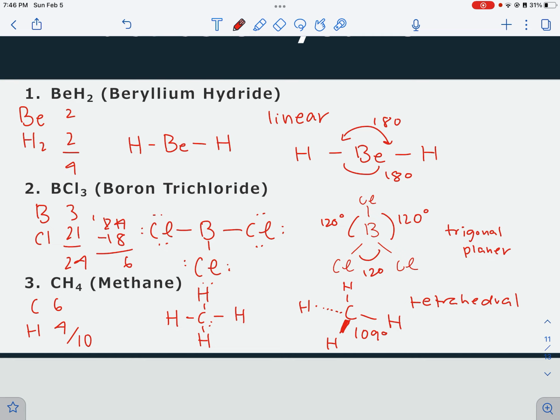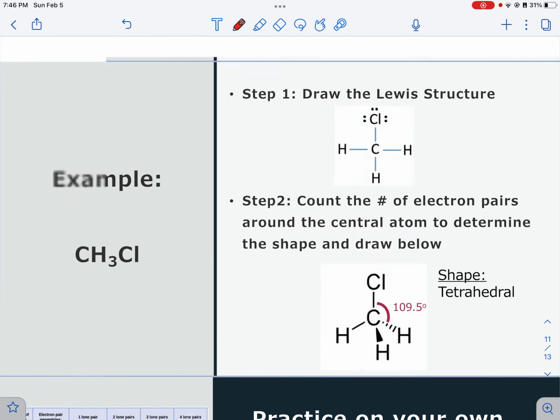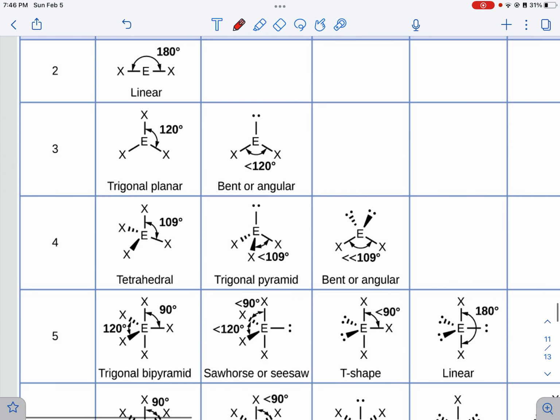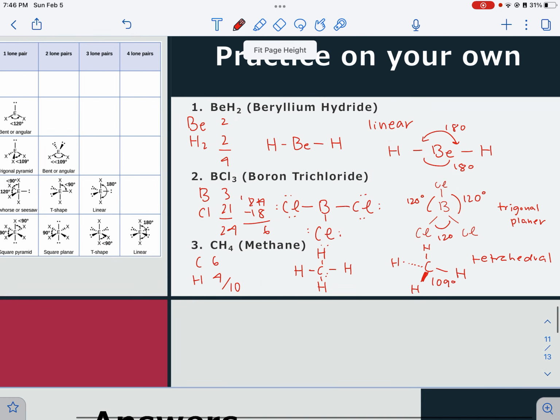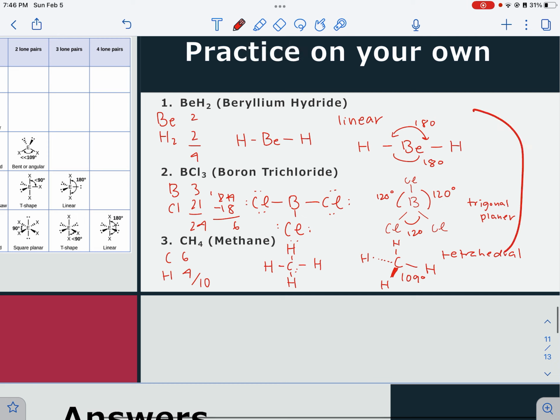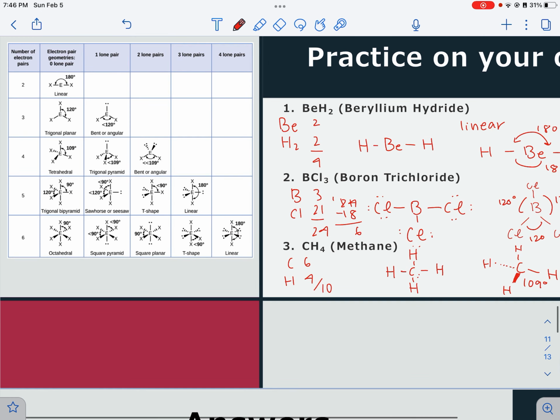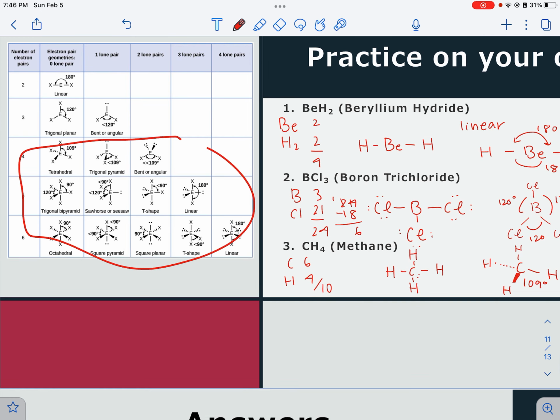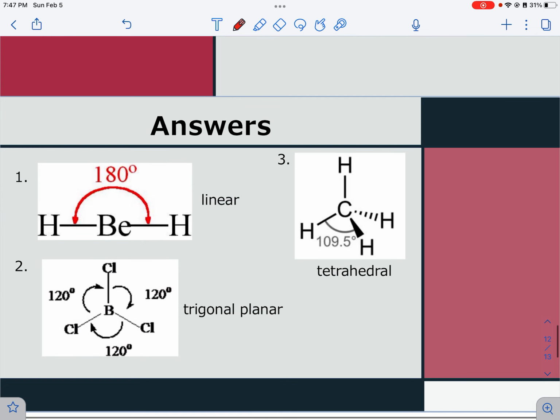And we know that there's going to be 120 degrees in between them if we look over here, right? And for these 2, we don't do any of the wedges or the dotted lines because it's only 2 or 3 domains. But once we get into 4, 5, and 6, that's where we have to draw them.